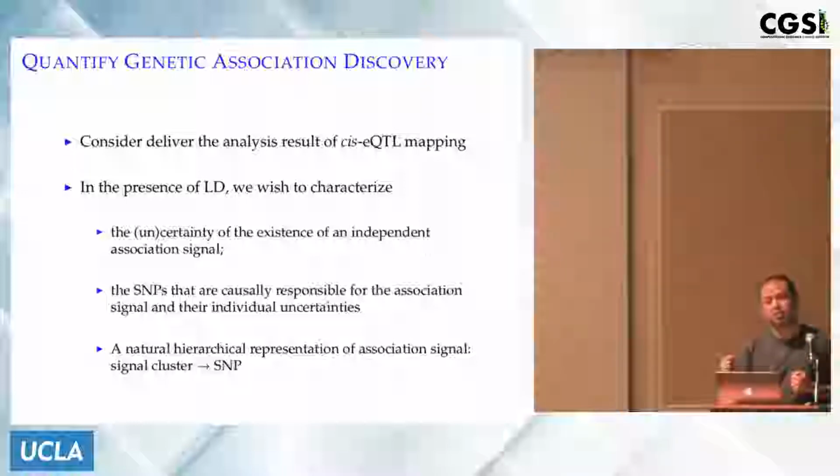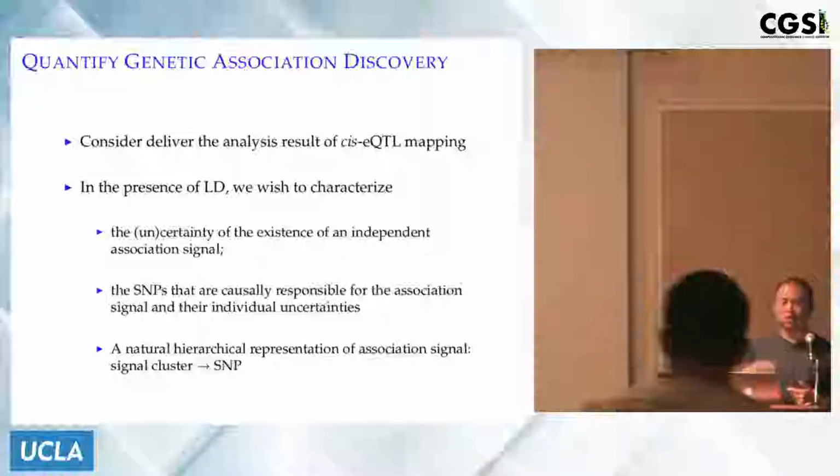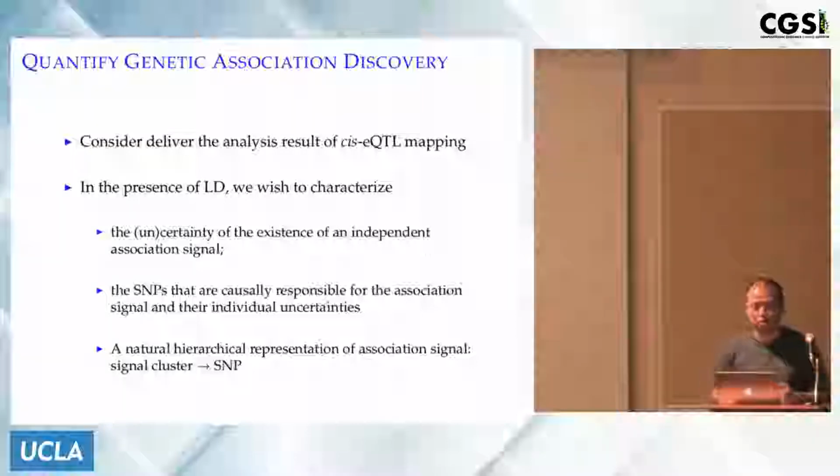Sometimes it doesn't really characterize the full nature of your analysis. So that's the key thing. We argue there are two different levels of information you can provide to the user. One is either the certainty or uncertainty of the existence of an independent association signal.